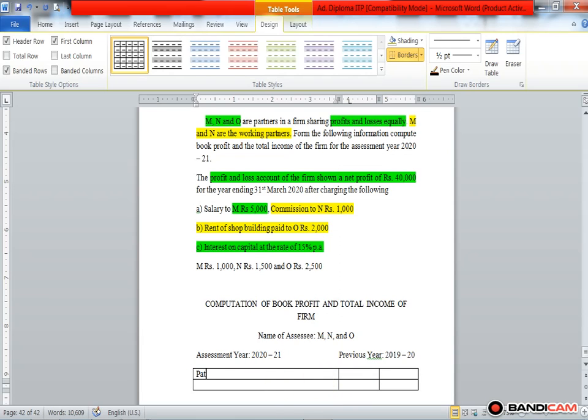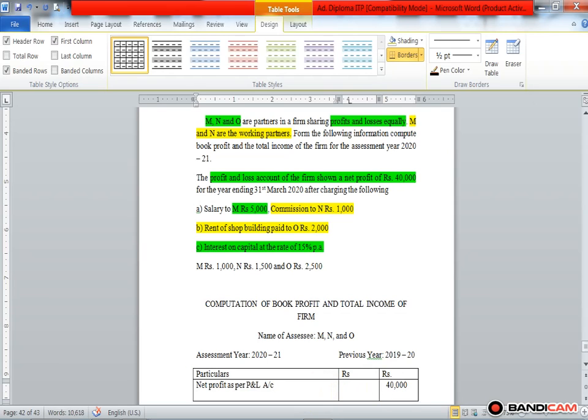Net profit as per P and L account. Write down the figure in the outer column, that is 40,000.